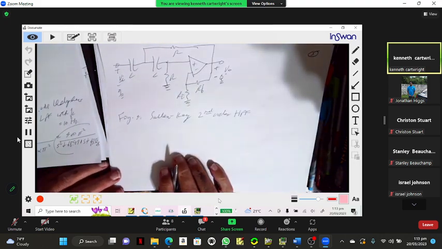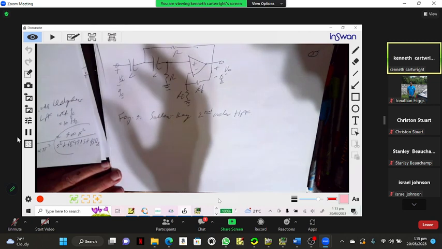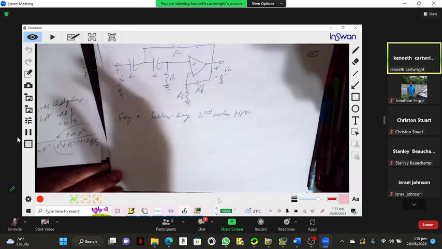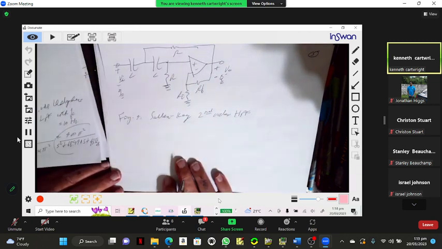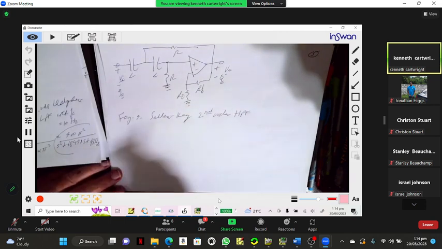The easiest way to do this is just design a low pass filter and interchange the resistor and capacitor. That's the easiest thing to do. If I ask you to do a high pass filter, just design a low pass filter and then interchange the positions of the resistor and capacitor.